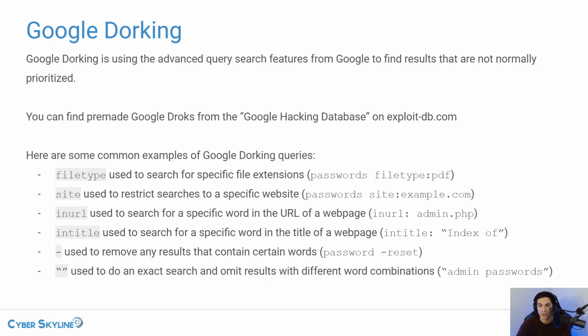For example, WordPress websites typically have a URL which is wp-admin.php. So you can search inurl for specifically the WordPress admin page to see if you can access the admin page for a website that's running WordPress. Maybe you don't know it's running WordPress. You can do a search to see if it is running WordPress that way.